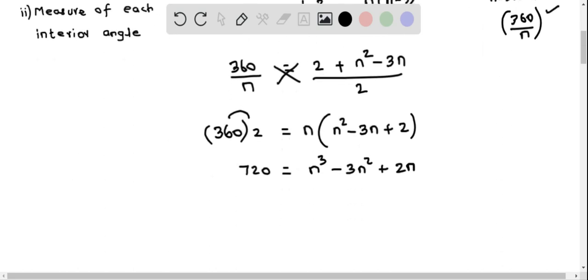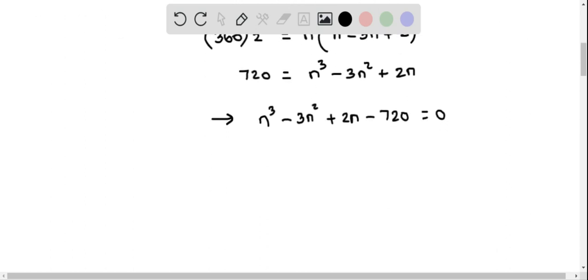We can bring everything to one side and rewrite the equation as n cubed minus 3n squared plus 2n. We subtract 720 from both sides, minus 720, and this equals 0. So this equation is a cubic equation, and we are going to use synthetic division to solve for n.